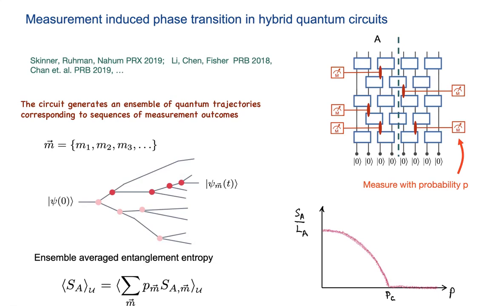But now there is some kind of competition, and it gives rise to a phase transition at p_c, a critical rate of measurement, where the entanglement entropy density goes to zero.